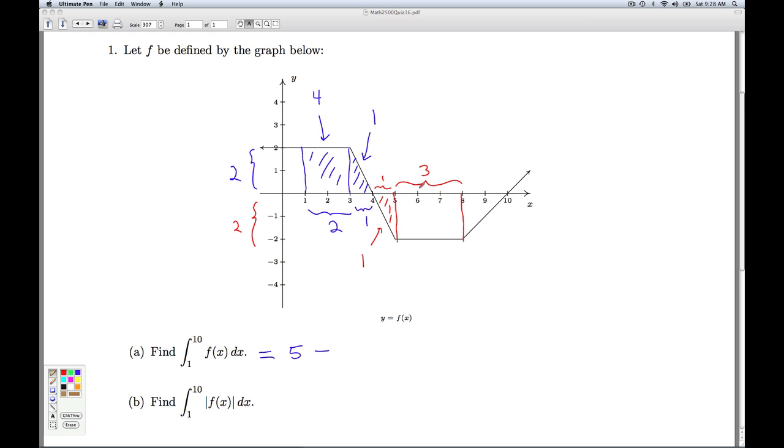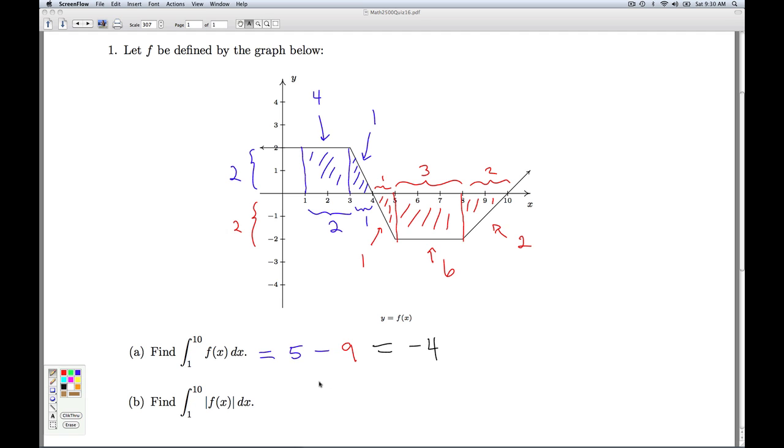It has a base of 3 and a height of 2, so the area of this one is 6. And finally, we have another triangle. The base of this triangle is 2, the height is 2, so the area is 1/2 base times height, which is 2. So the area of this object is 9. So our grand final answer here, 5 minus 9, is -4. That'll do it for part A.